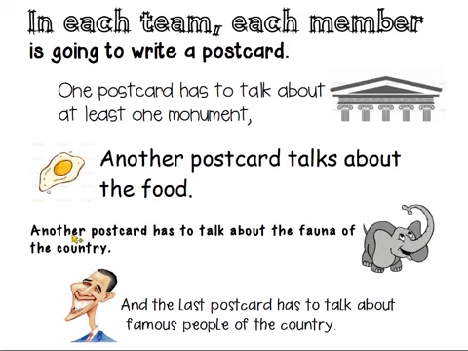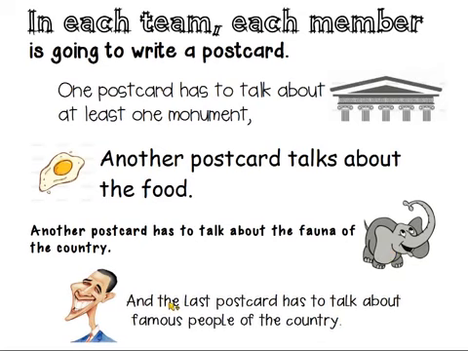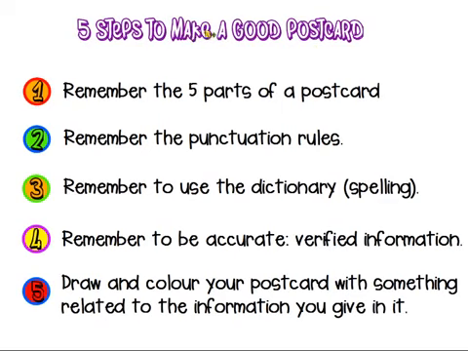Another postcard has to talk about the fauna of that country or of that city maybe. Okay? And finally, the other postcard has to talk about famous people of the country. For example, who is this? This is Obama, yes, President of the United States of America. So Obama. Good.